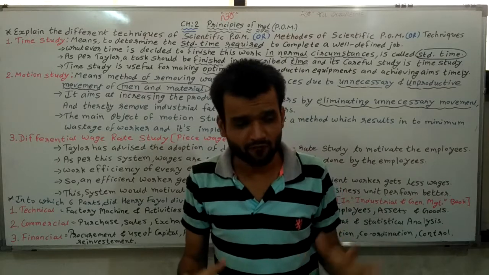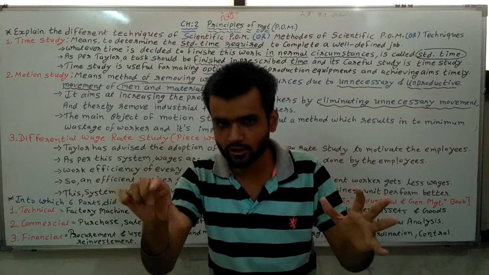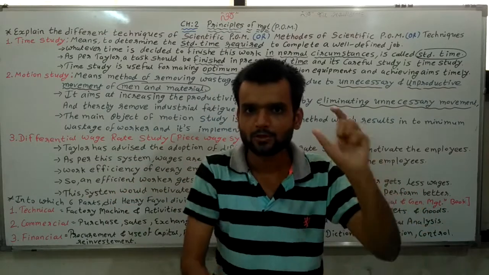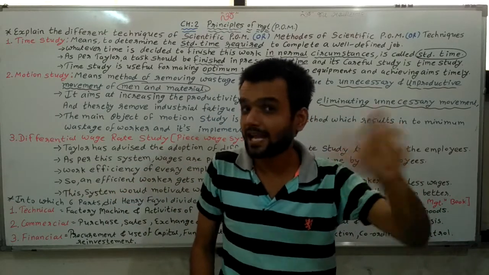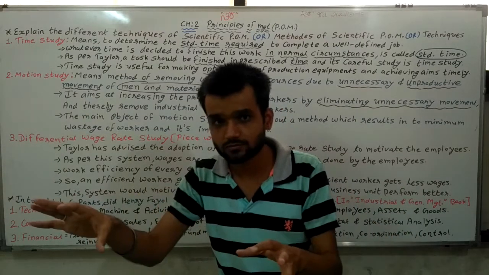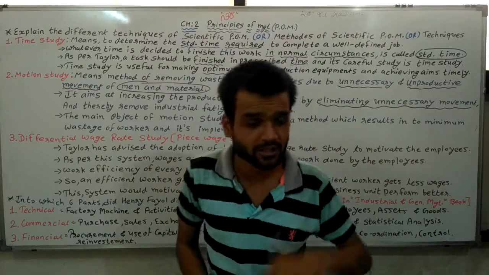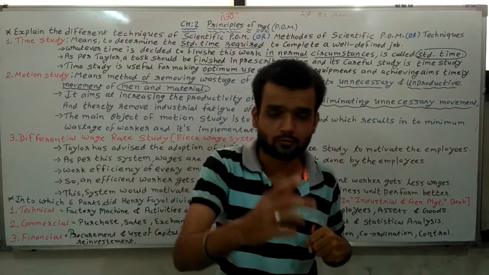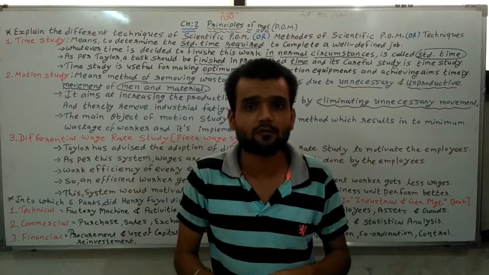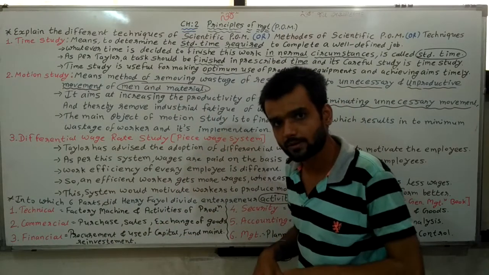Again, first what is required? Machineries and production process persons. So that is the technical part. Then commercial: purchasing, selling and exchange of goods. For that, finance is needed, so financial activity: procurement of capital, use of capital.